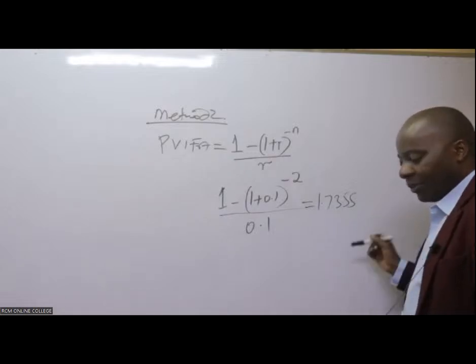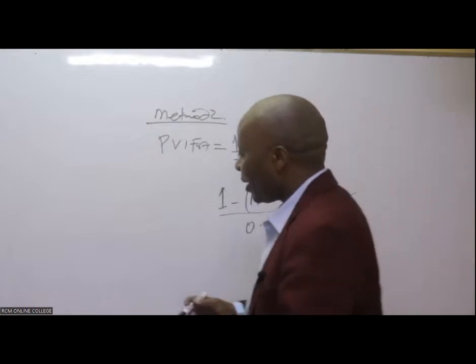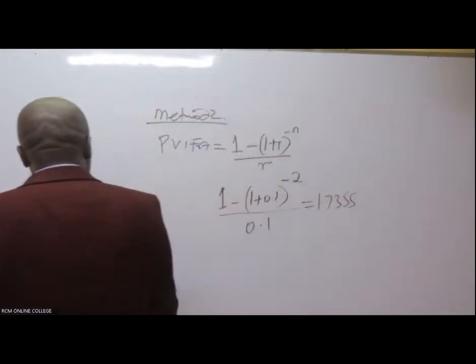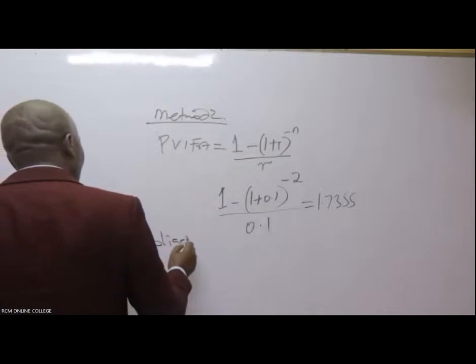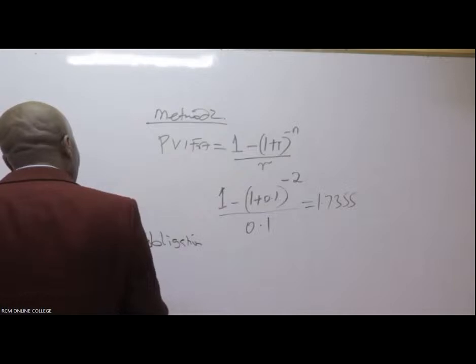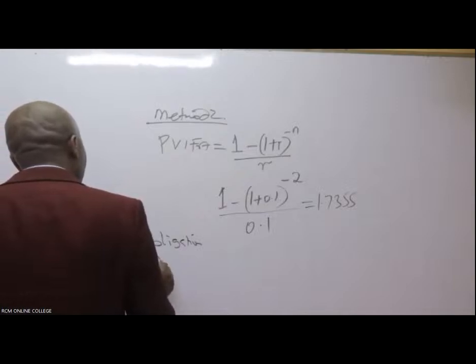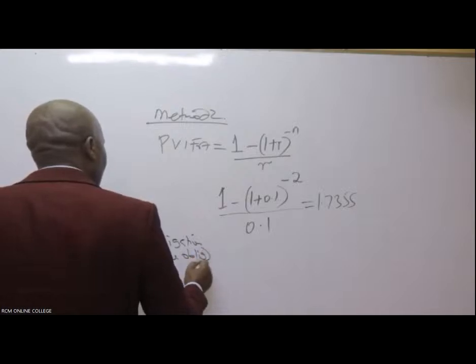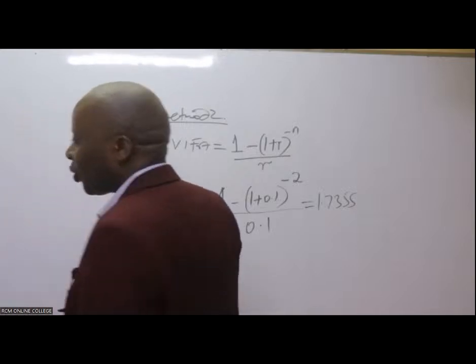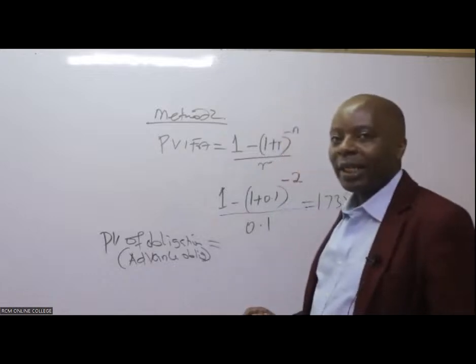And now, ladies and gentlemen, listen. How do I get this present value of the obligation when there is an advance payment? Remember in the questions that CASNEB gives, they normally say that the lease rentals are paid in arrears at the end of the year.